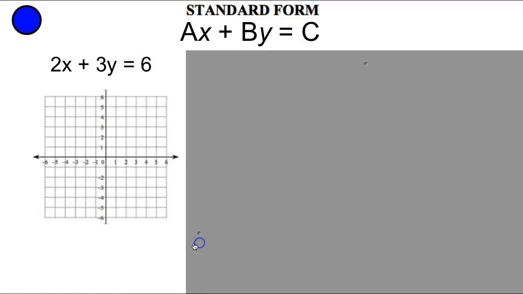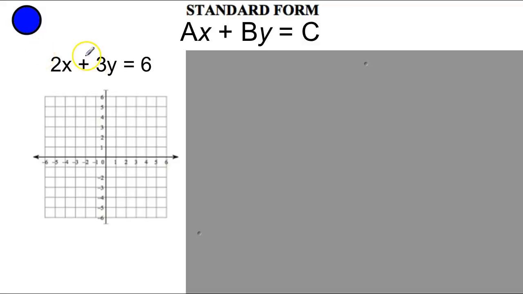Alright, this example over here, 2x plus 3y equals 6. So 2 is the a, 3 is the b, and 6 is the c. And then the x and y, those are the variables. You don't really have to write those down. You can if you want to. I'm going to erase them. Alright, so how does this work?